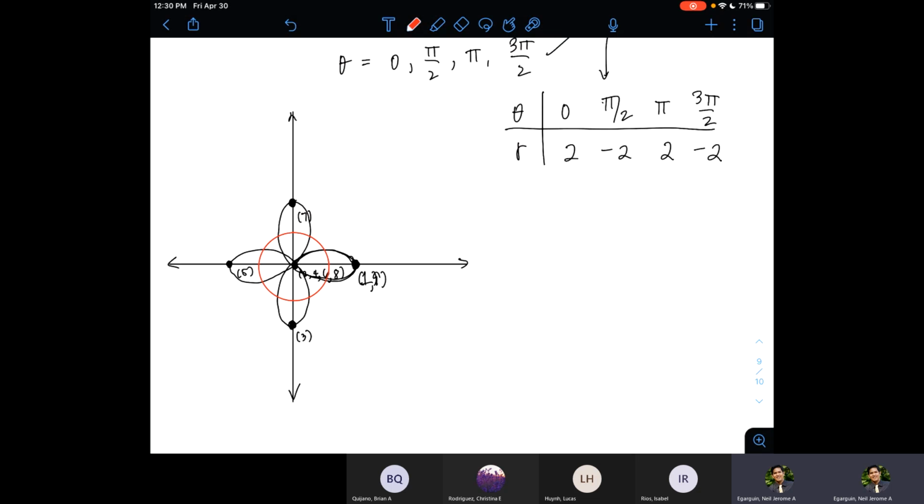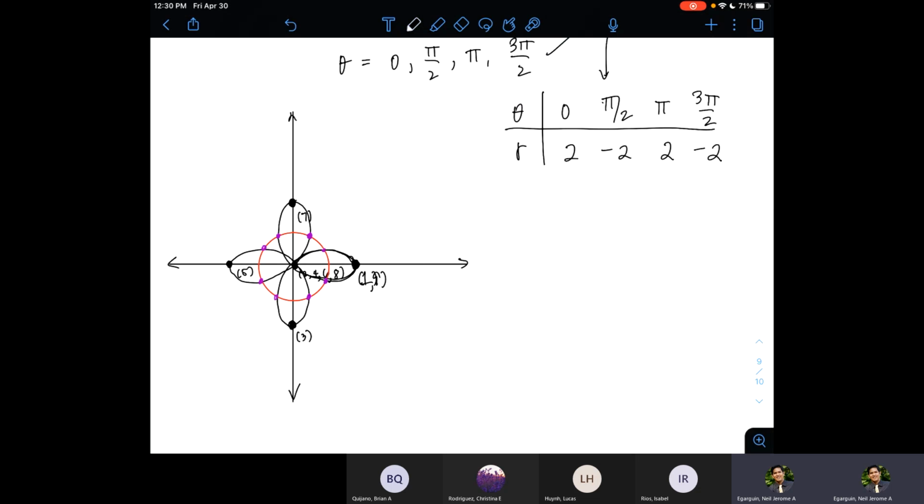Okay, and then how many points of intersection do we see? We see 1 here, 2, 3, 4, 5, 6, 7, 8. So we're expecting 8 points of intersection.